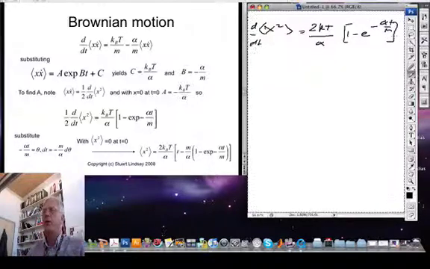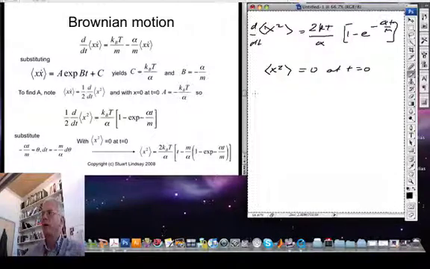We can solve these with another substitution shown on the slide, and subject to the boundary condition again that the mean square movement of the particle at t equals 0 is 0. We end up then finally with the following equation for the variable x squared thermally averaged.